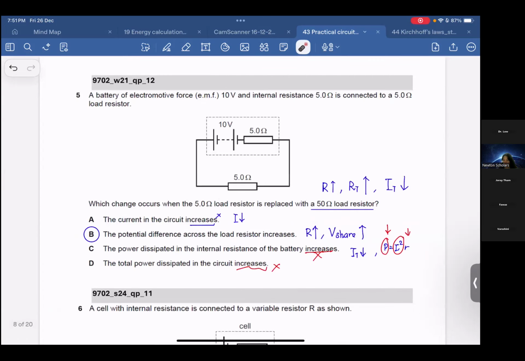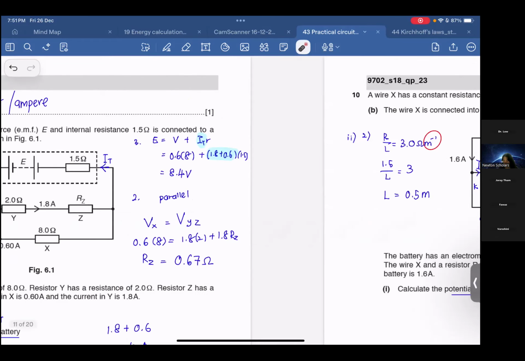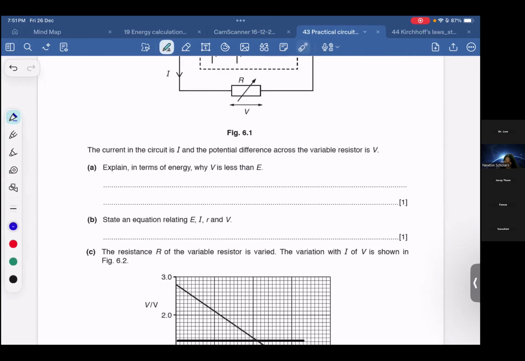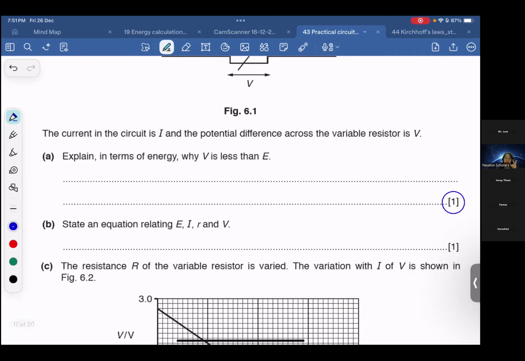Can you see that two past year questions are asking the same idea, asking you to explain? So okay, here we write together. Why, in terms of energy? This is only 1 mark. Just now the question is 2 marks, that's why we were giving the definition for the EMF E, in terms of energy driving one coulomb of charge around the complete circuit.